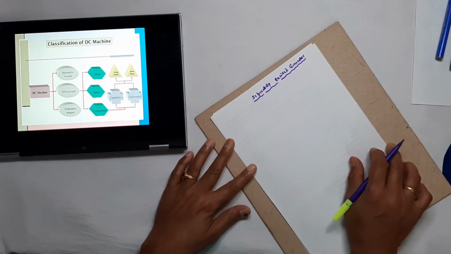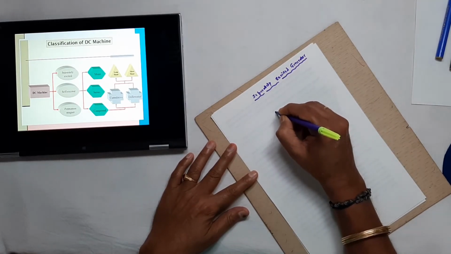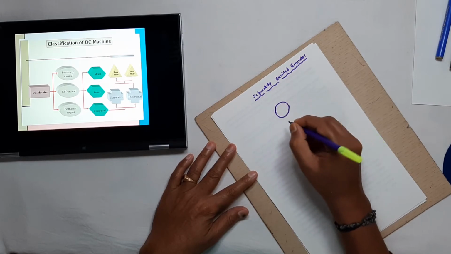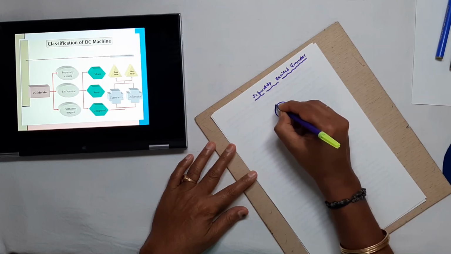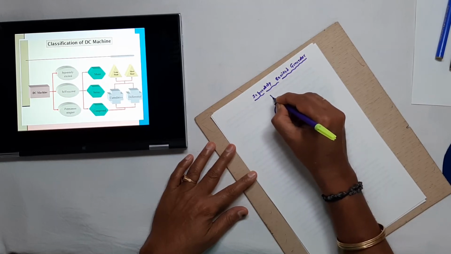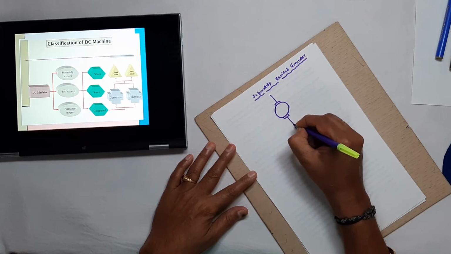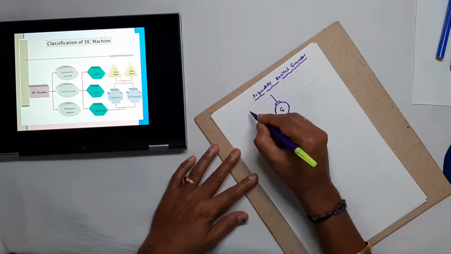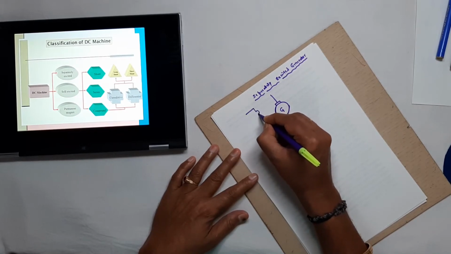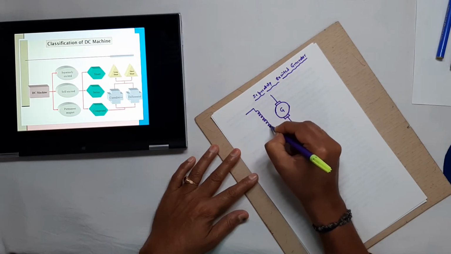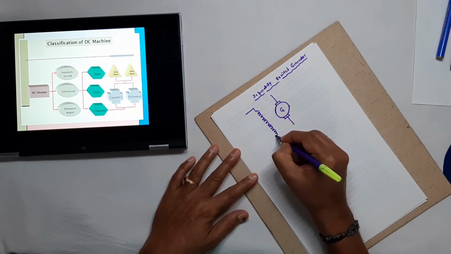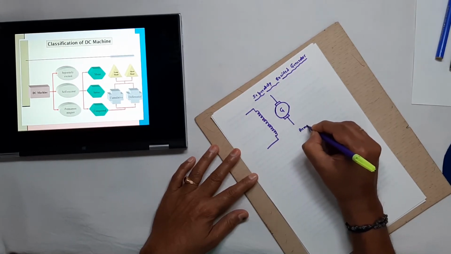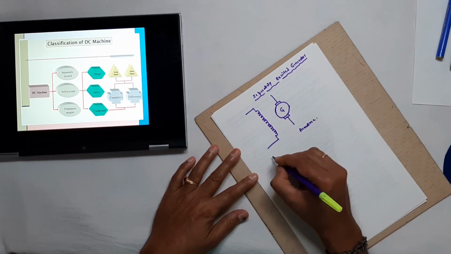I told you the armature is represented by a circle with two brushes. This is what we are calling the armature of the circuit. This is represented by G. Then the other part of a DC generator is the field system. This is your armature. This is your field.